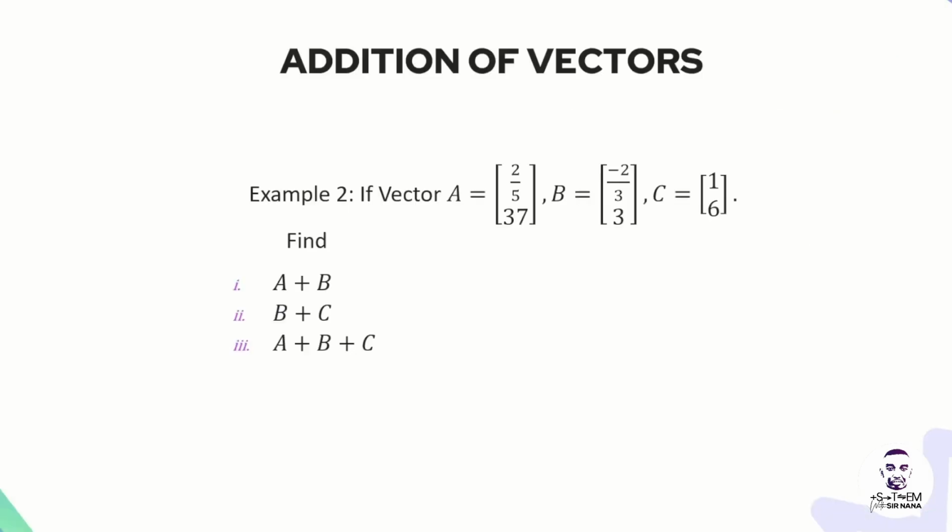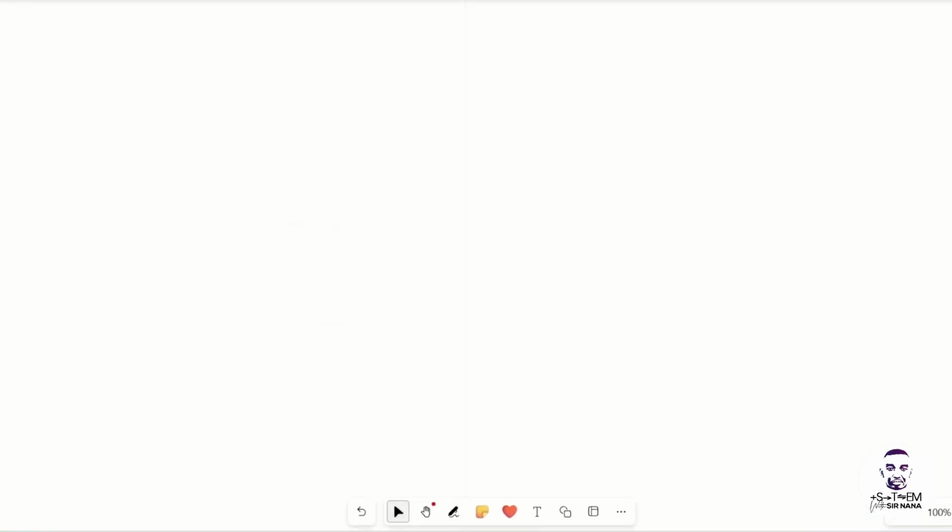The question says that we have a vector A, a vector B, and a vector C, and we've been given some vectors for A, B, and C. We are asked to find A plus B, B plus C, and then A plus B plus C.